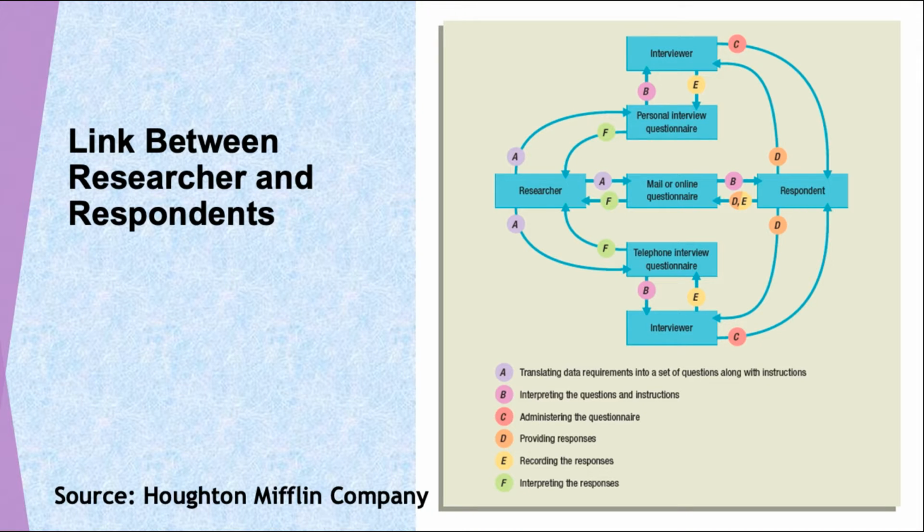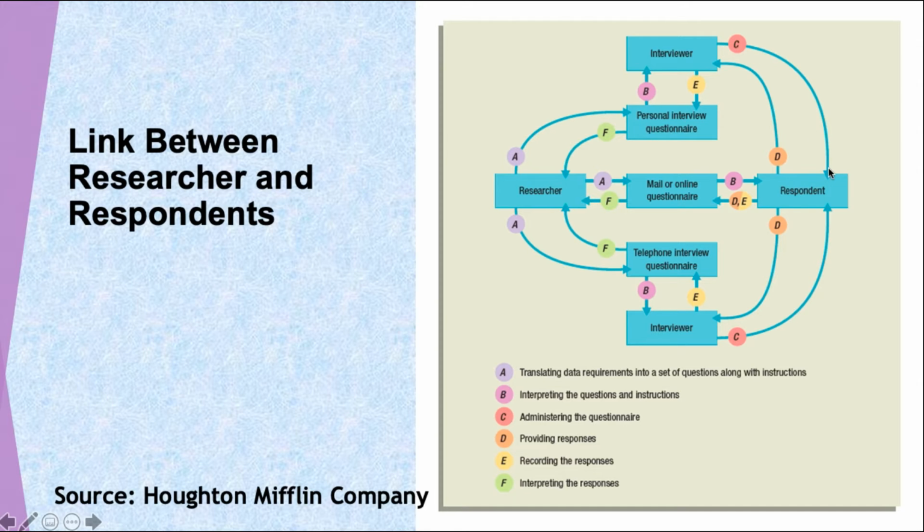Then what is the link between researcher and respondent? First we start here with the researcher translating data requirements into a set of questions along with instructions. This will lead to a personal interview questionnaire. Then the interviewer interprets the questions and instructions, and this leads to the interview. After that, the interviewer will administer the questionnaire and pass it to the respondent.